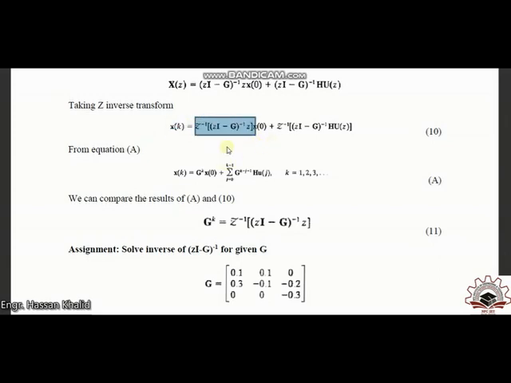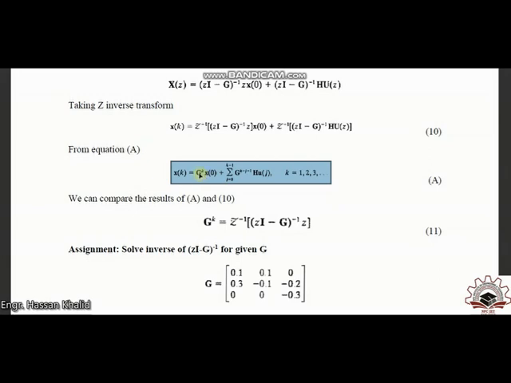So what we can do at this point is relate this equation with equation A that we have already evaluated. It was x of k equal to G of k, which we were told is the state transition matrix, given that the initial condition was all set to 0.